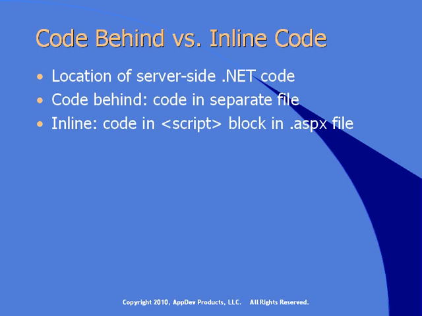On the other hand, if you uncheck that option in the Add New Item dialog box, Visual Studio creates a single file called by default default.aspx and includes a script block in the ASPX file. And this is called inline code because the code is in line with the HTML.